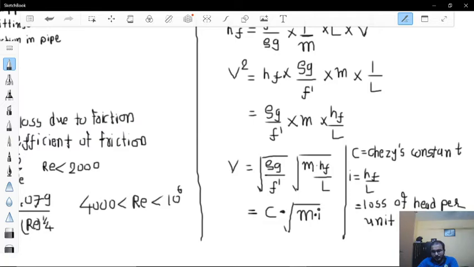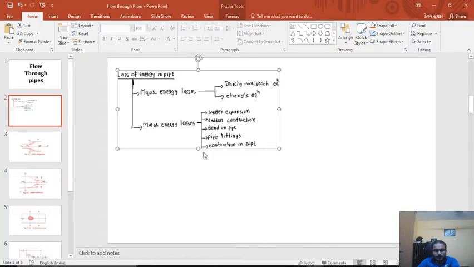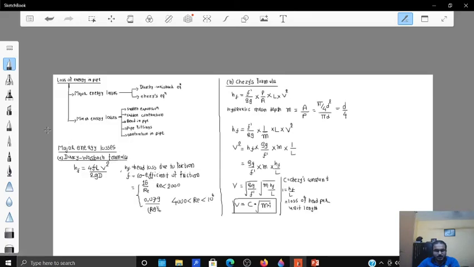So that is the way we can obtain the velocity. So let's copy this work into our new slides.